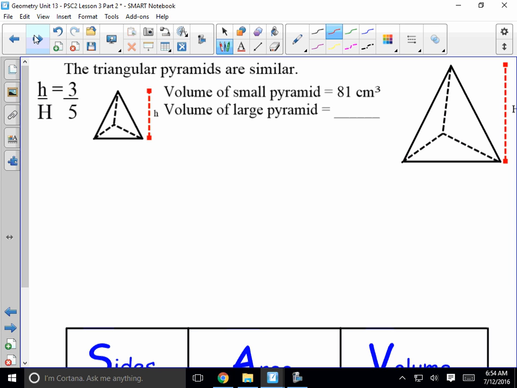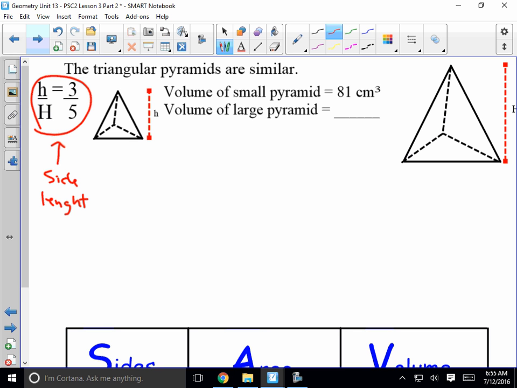Now, the triangular pyramids that were shown here are similar, so we're told that right off the bat. We're given a ratio of heights, and what we want to remember is height is a side or a length. Side and length values are one-dimensional values.